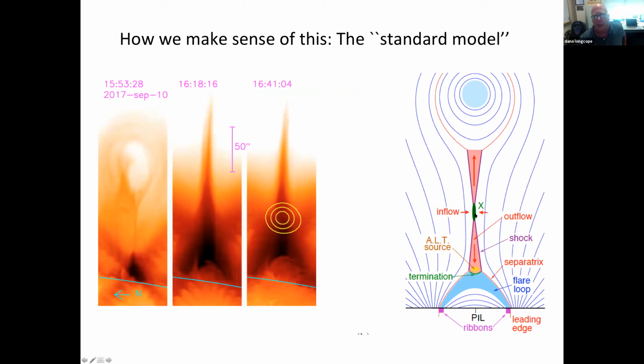What starts the reconnection? Is that what you're asking? Why does all of a sudden this X point form and start what you would call, I believe, I might be misusing the terms on the magnetospheric side, dipolarization. Yeah, exactly.